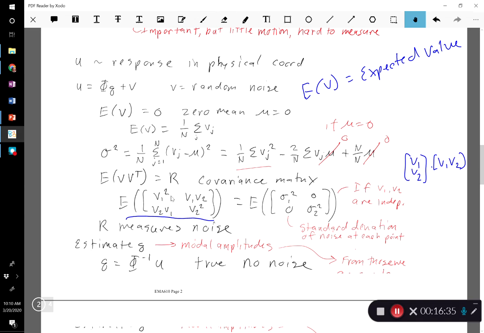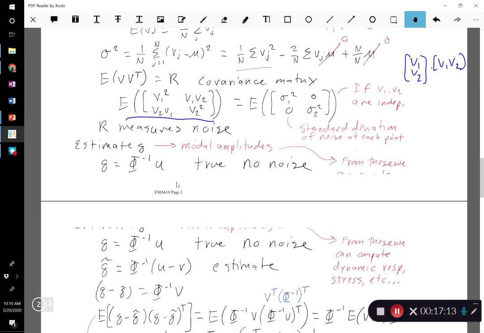And if we calculate the expected value, we'd see that the off-diagonals are 0 if the 2 variables are independent, if the noise isn't tied in some way, which is often an assumption we make. And then on the diagonal, we would get the standard deviation squared of each of the sensor points. So the short version of this is that this expected value gives us R, a covariance matrix, which is a measure of the noise that we have. So we'll use that to quantify the noise.